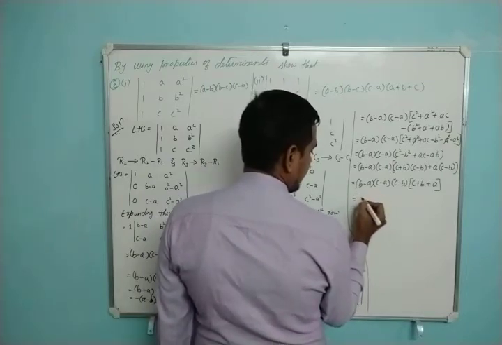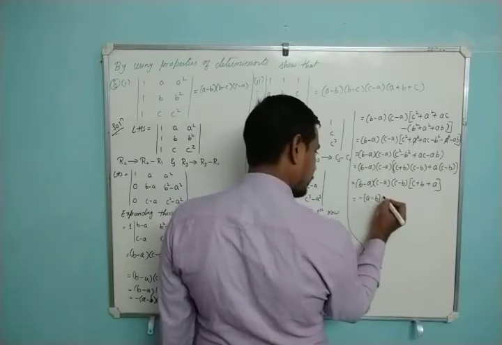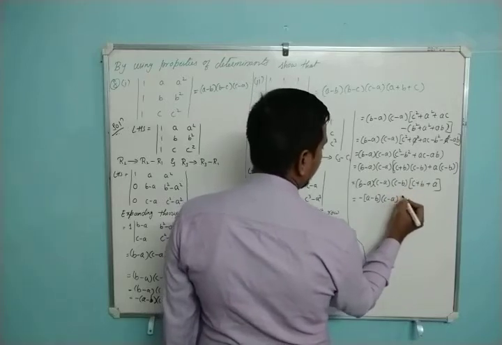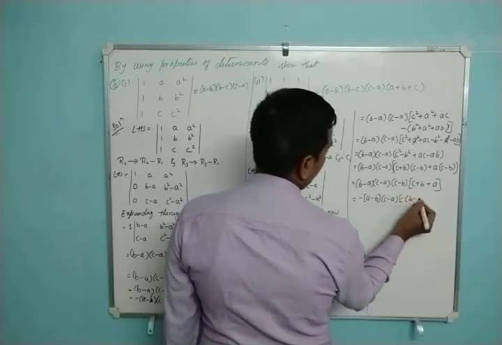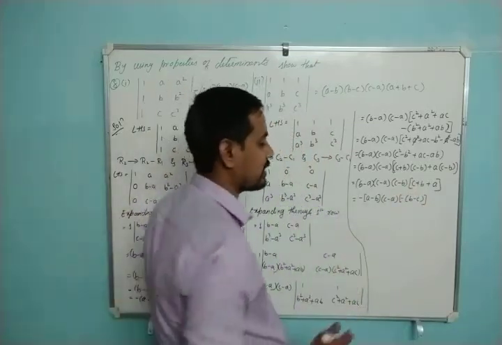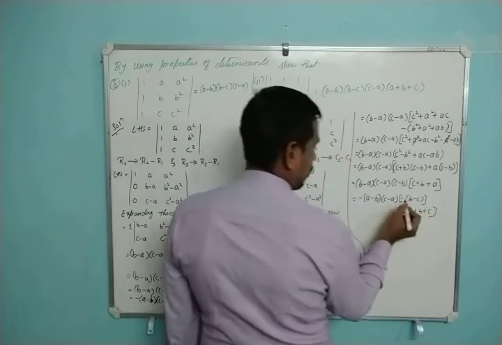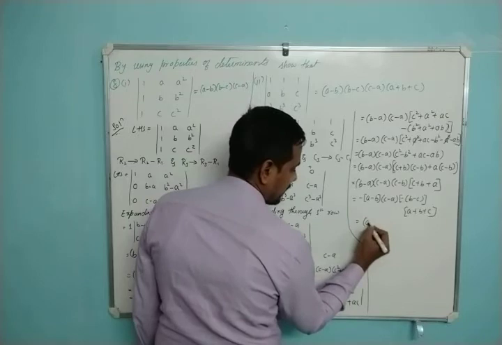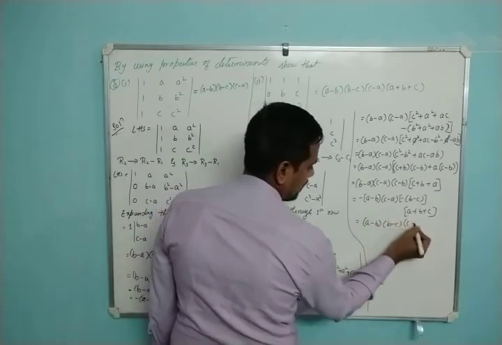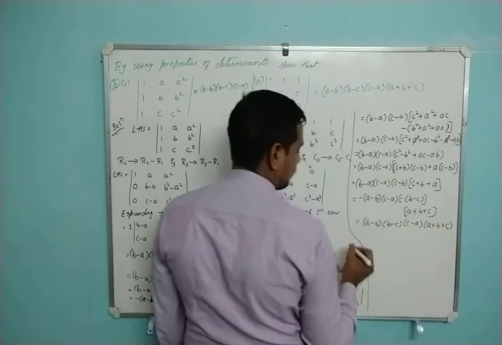Okay, so this is nothing but B minus A, which can be written as minus of A minus B, C minus A, and minus of B minus C. C minus B I have written in the reverse form, that is minus of B minus C, and this is A plus B plus C. So now minus into minus becomes plus, so this becomes A minus B into B minus C into C minus A into A plus B plus C. Right?